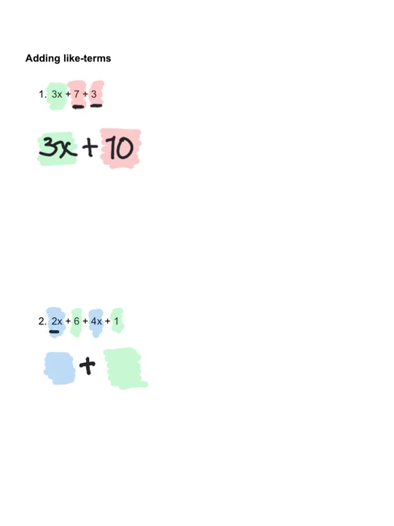When I add my blue terms together, 2x plus 4x, that equals 6x. And when I add my green parts together, 6 plus 1, that equals 7. So my simplified expression is 6x plus 7. And these two expressions are equal or equivalent because they are the same expressions but written in a simplified way.